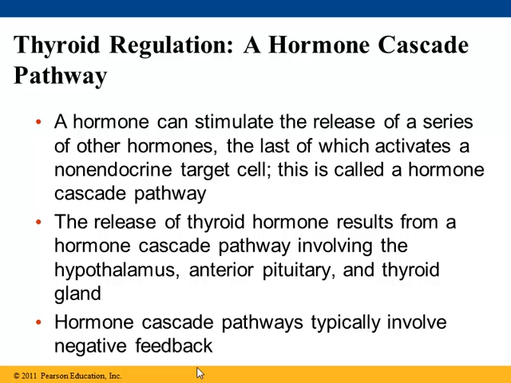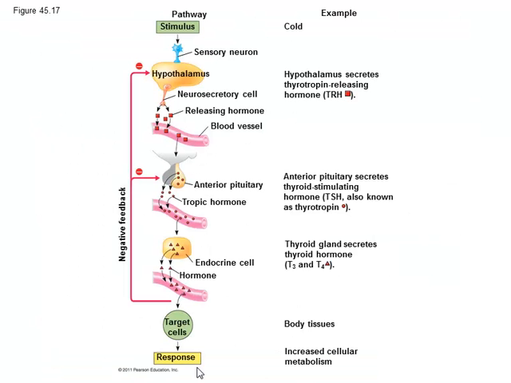When that hits the thyroid, then the thyroid is going to itself release more hormone. Okay. So what's the thyroid going to release? It's going to release a whole bunch of the T3 and T4 hormones. Those hormones are going to send back to the pituitary and hypothalamus a stop message.